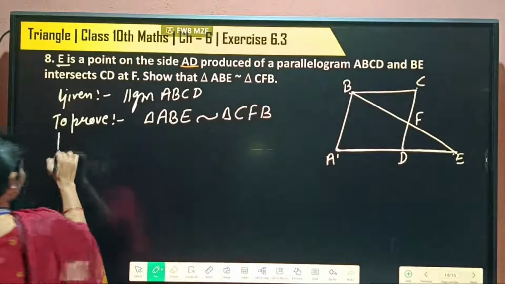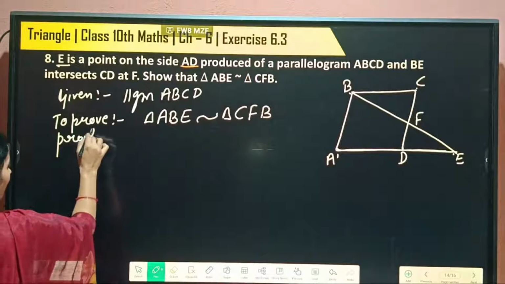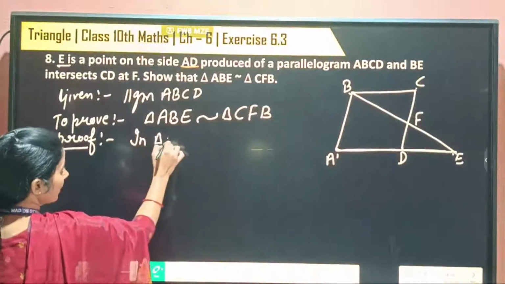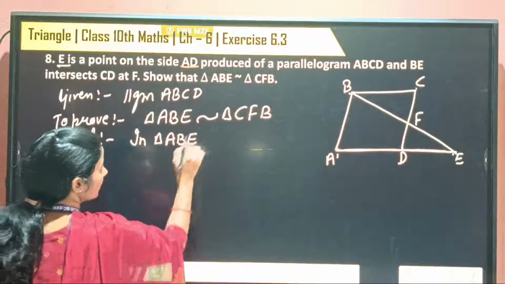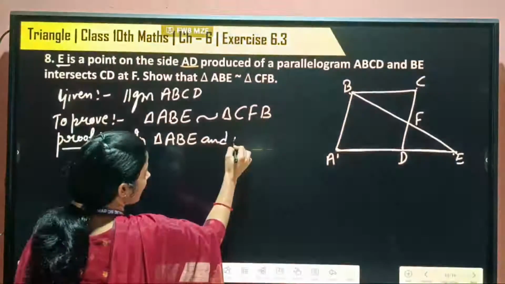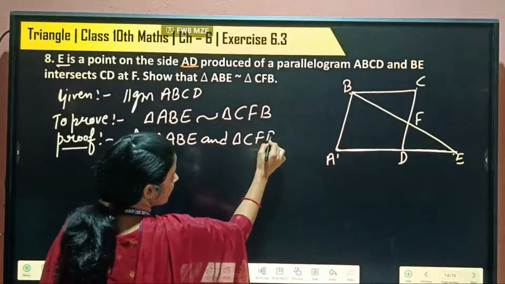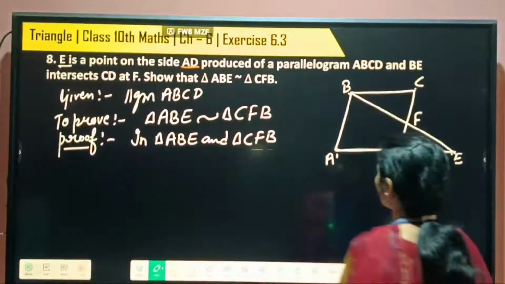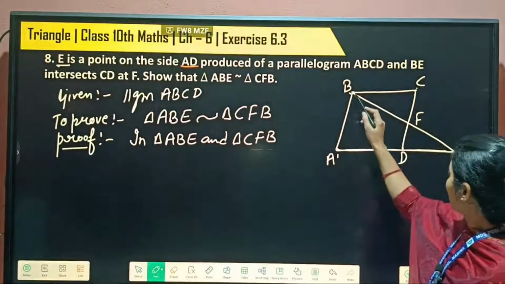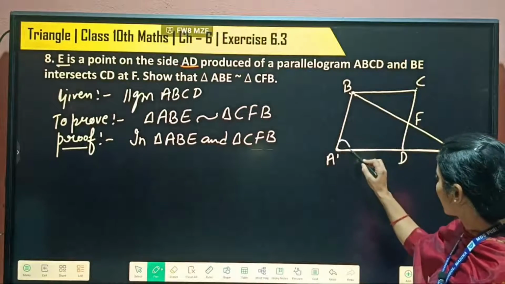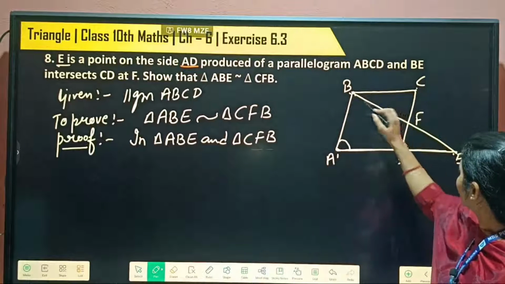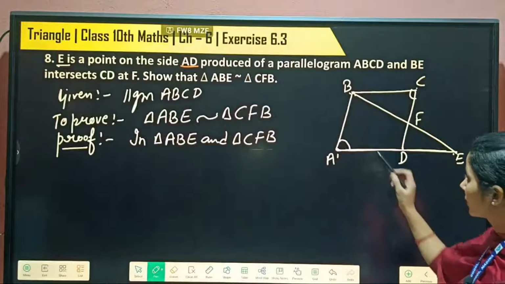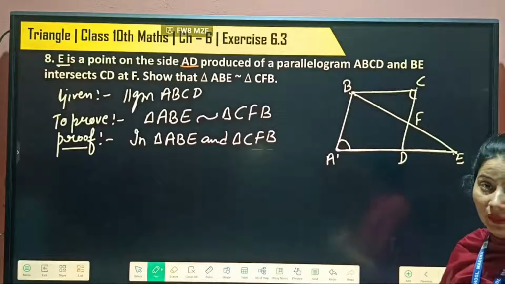Now proof. Which two triangles I have to prove similar, I will work in those triangles. In triangle ABE and triangle CFB, let us try to find out how we can prove these two triangles similar. In triangle ABE, you will see angle A, and in triangle CFB, you will see angle C. These two angles are equal because these are the opposite angles of the parallelogram.